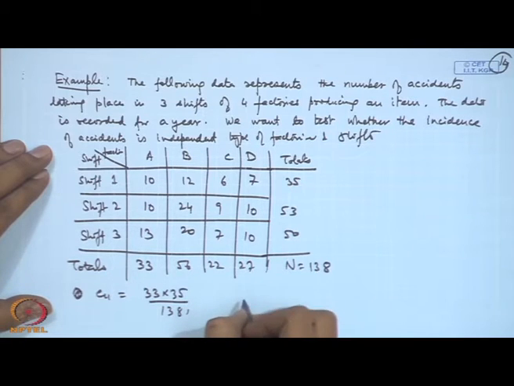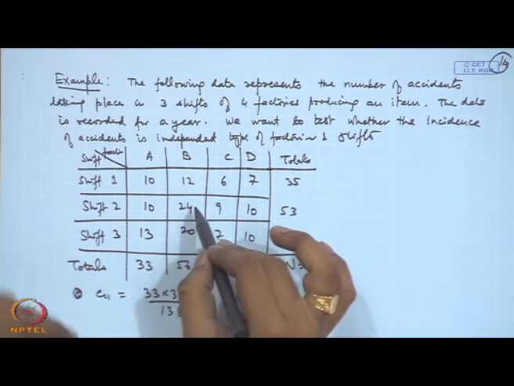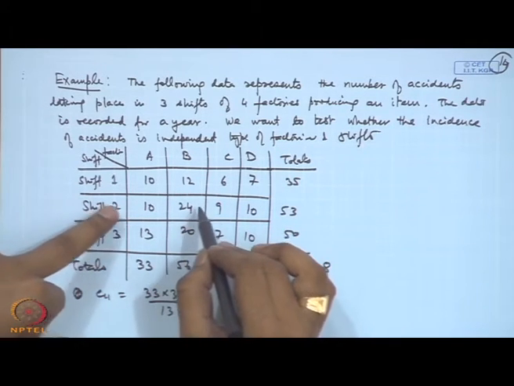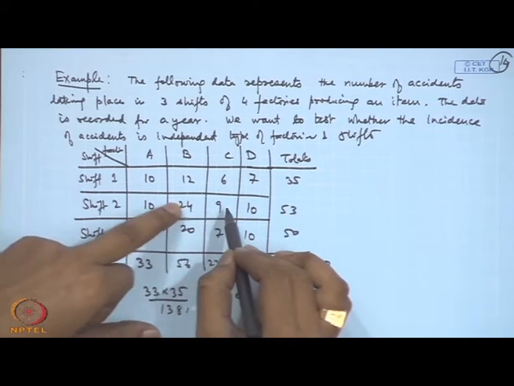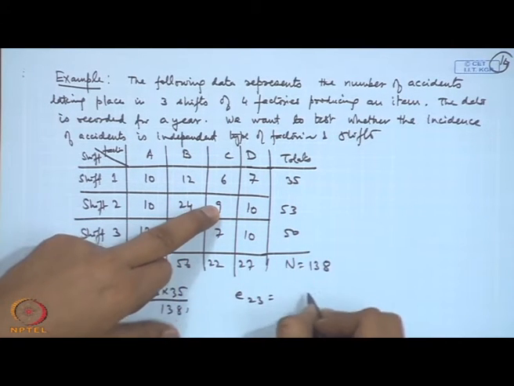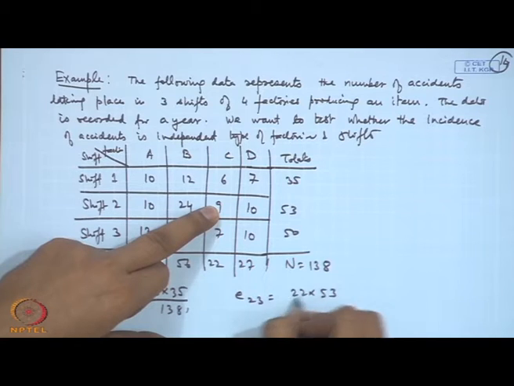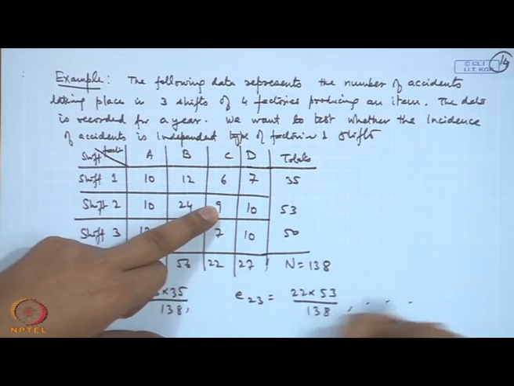Similarly, E23 will be 22 into 53 by 138, etcetera.